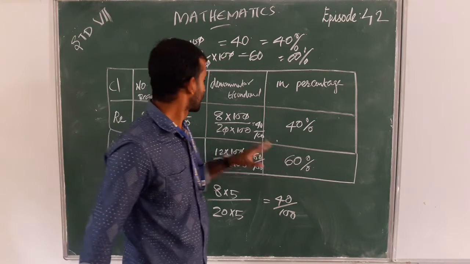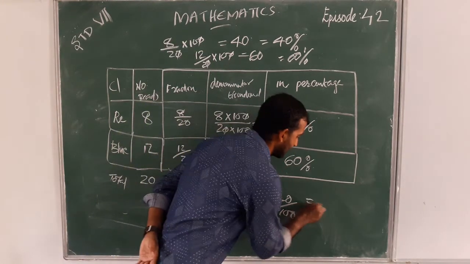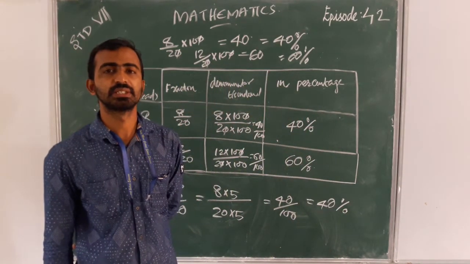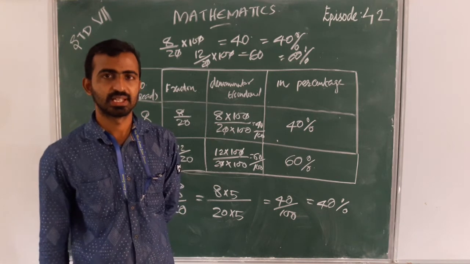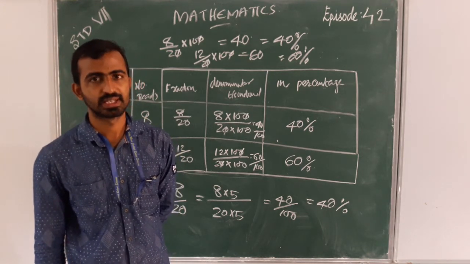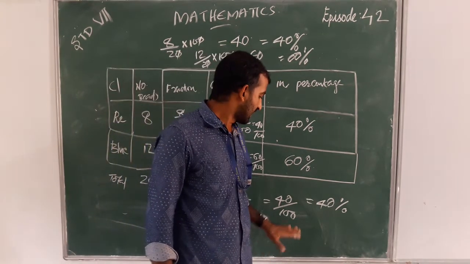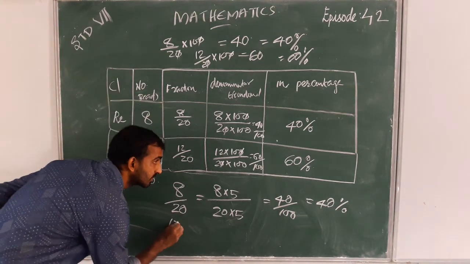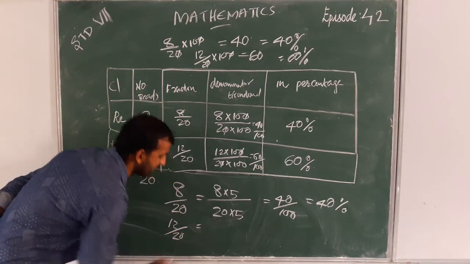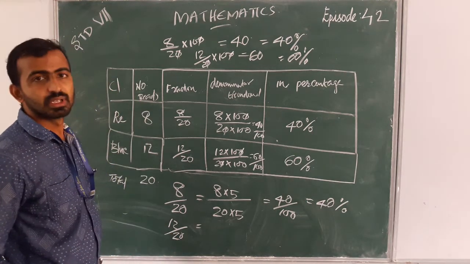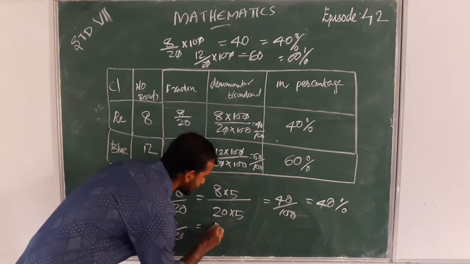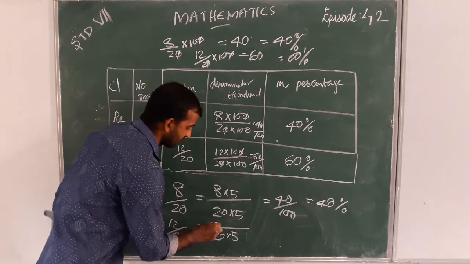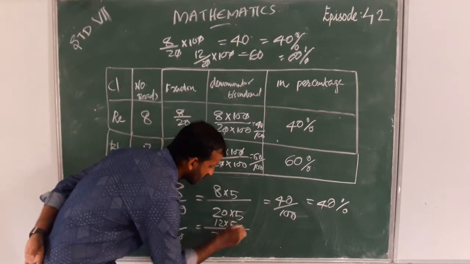So we get 40 percent. In the case of the second, here also we want to convert the denominator to 100, so we write 20 into 5 and 12 into 5.